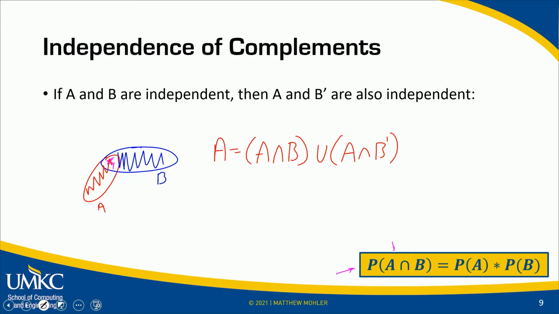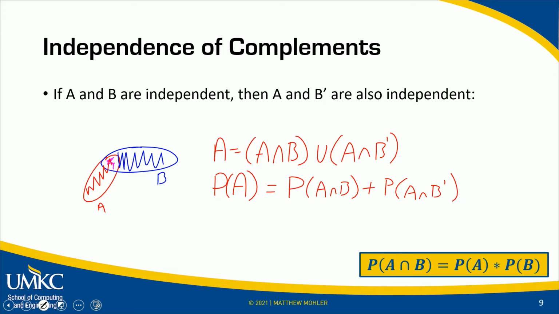So from this, we can ultimately go into a formal proof and say that the probability of A is equal to the probability of A intersect B plus the probability of A intersected with B complement. That part hopefully makes sense based on what we just derived above from our sets.